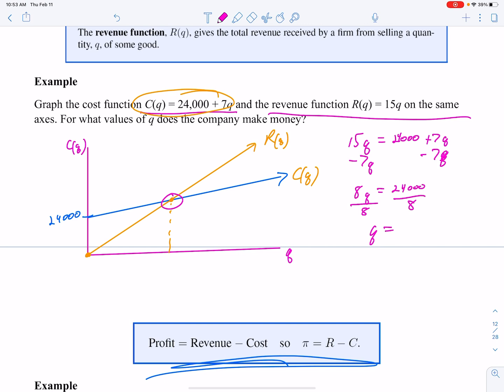So Q equals 3,000 units. So what they're saying is after 3,000 units. Q has to be actually greater than 3,000 units because they're breaking even at 3,000. So for Q greater than 3,000 units is when they're going to start making money.